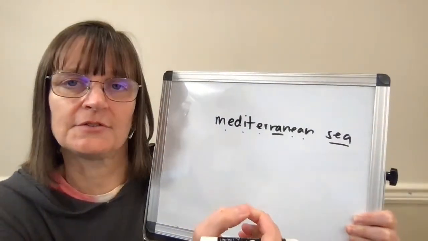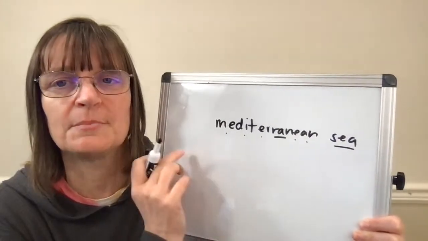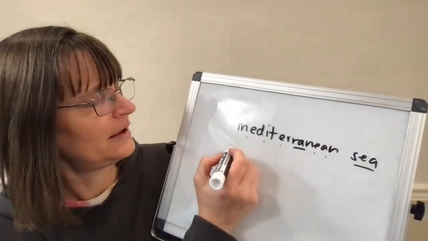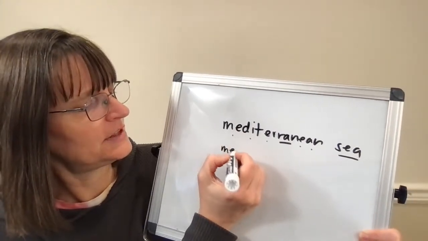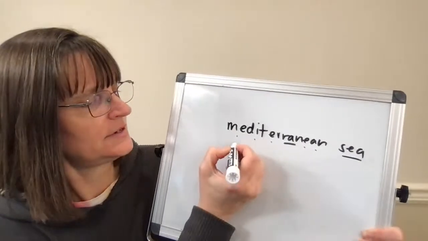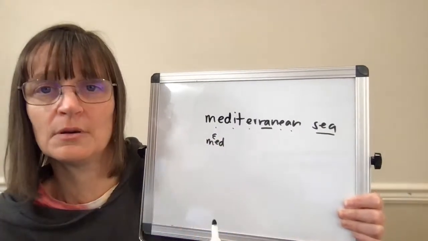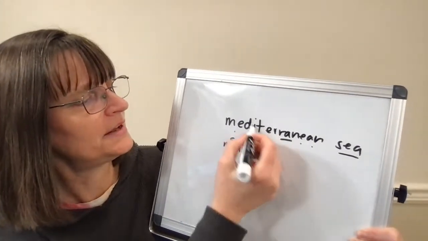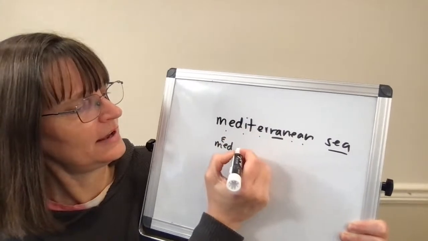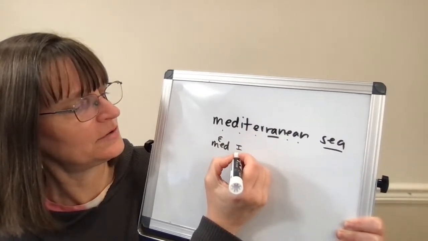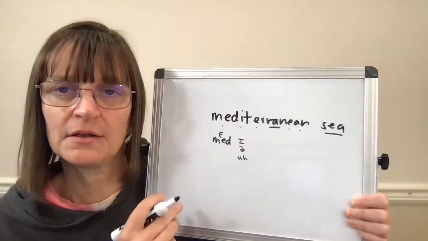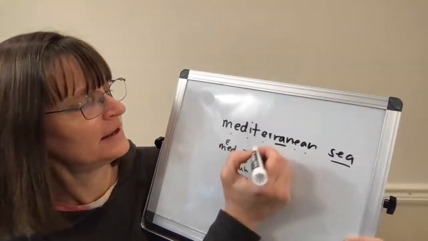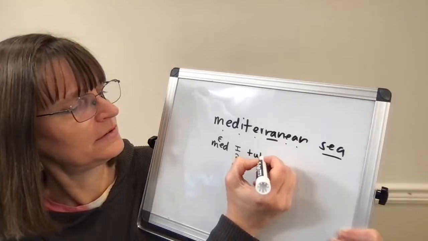And then C is also going to be stressed in this two-word phrase, Mediterranean Sea. The first E is the same sound as in red or medical. This letter I is going to either be an sound or a schwa sound. I think I probably say it more with the schwa, Mediterranean. Then another schwa.